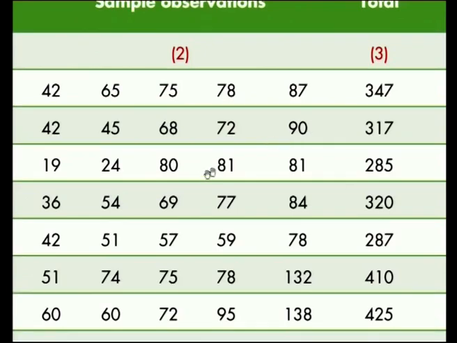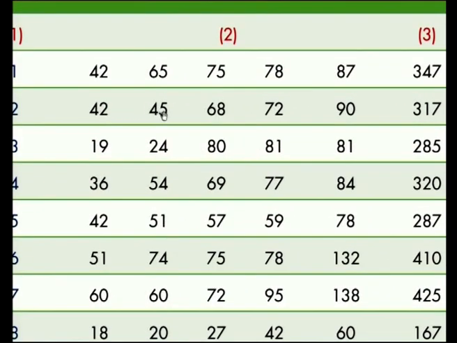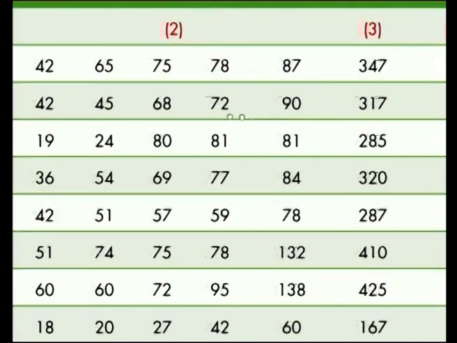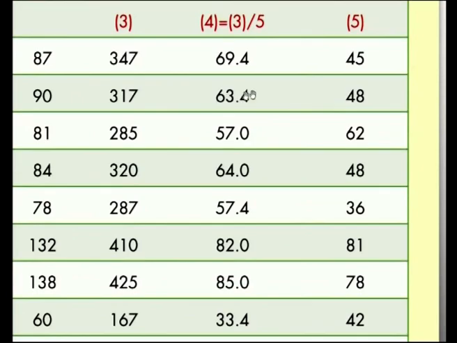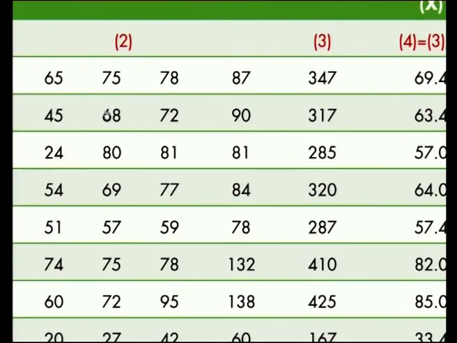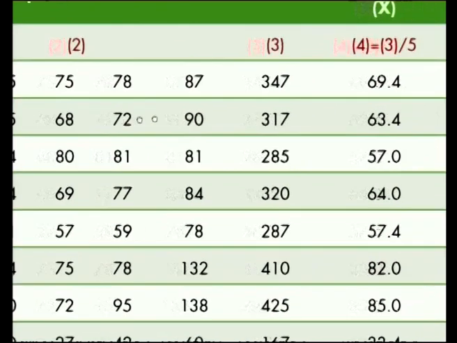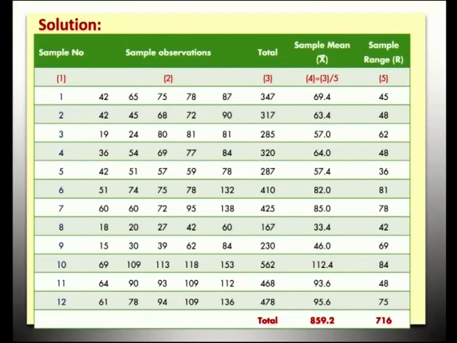Likewise, we have calculated for sample 2 the 5 values of 42, 45, 68, 72, 90, and the total is 317, divided by 5 is 63.4, and the range is 90 minus 42, which is 48. Likewise, the values are calculated and the total is written here.